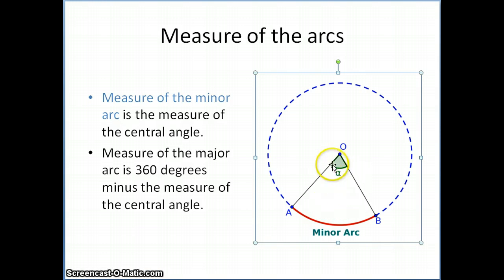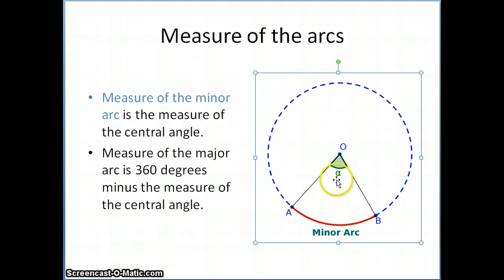For example, this is the central angle corresponding to this arc here. Suppose we measure it, it's 60 degrees, and then we can say the measure of the minor arc is 60 degrees. And what about the major arc? We use 360 degrees minus the measure of the central angle.